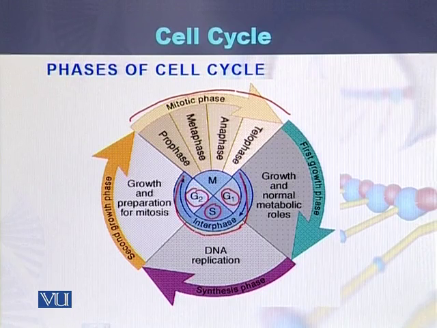During the G1 phase, there is growth and normal metabolic roles of the cell, while in case of S phase, there is DNA replication, also the synthesis of the genetic material, and during the G2 phase, there is growth and preparation of the cell for mitosis. So there are two phases of the cell cycle.